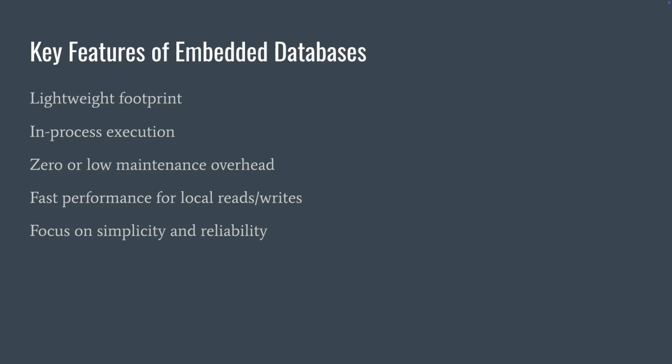Second, they operate via in-process execution, which means all the database operations happen within the same process as the application itself. This in-process execution can drastically reduce latency because there is no network round trip between the application and the database.